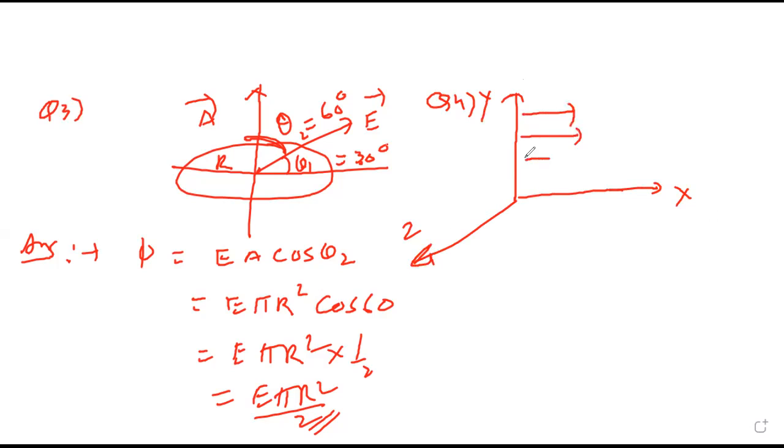This is E bar, which is E naught i cap, that means acting along the x axis. This is a solid figure, a cube, each of side A.